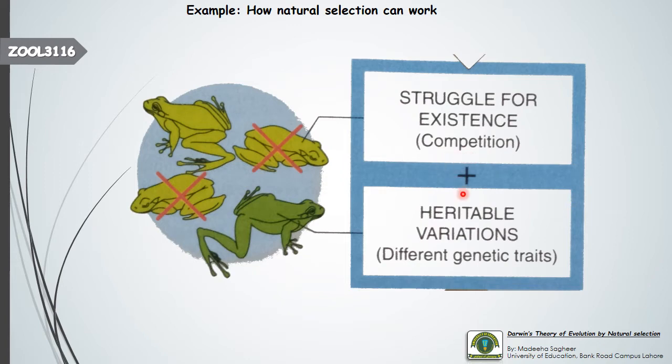When they are competing with one another, their heritable variations, their genetic traits, help them to compete. Those who don't have the heritable variations, who don't get the favorable traits from their parents, could not compete, could not defeat the others, and ultimately die. Only the others could survive in a population.